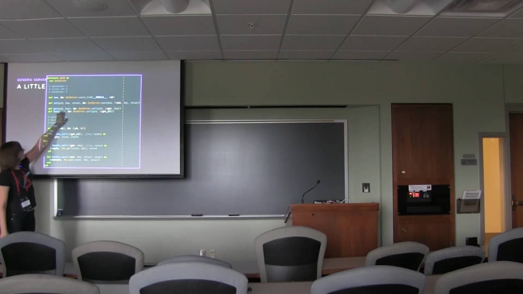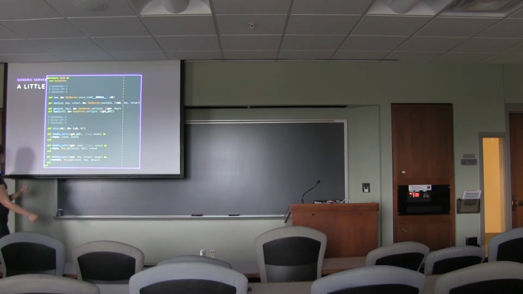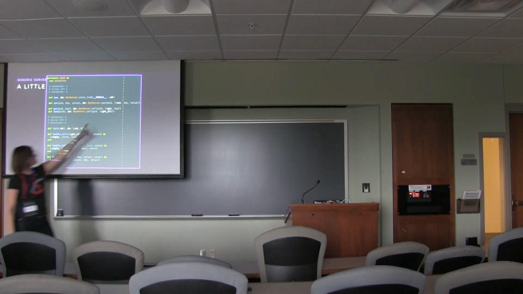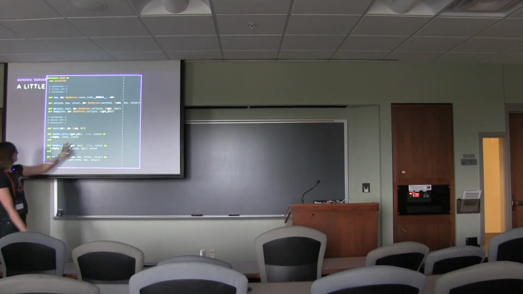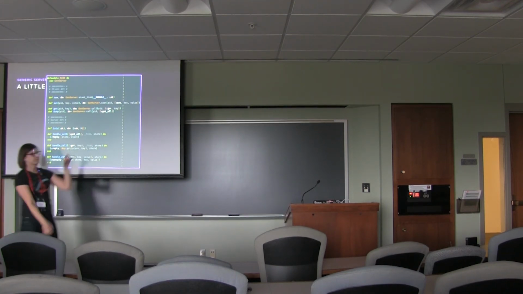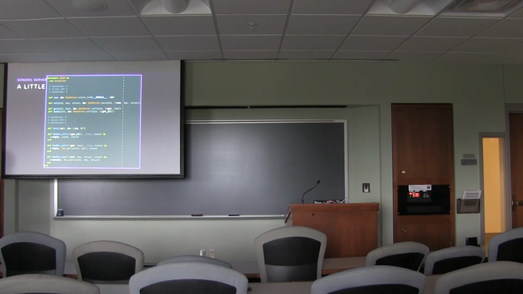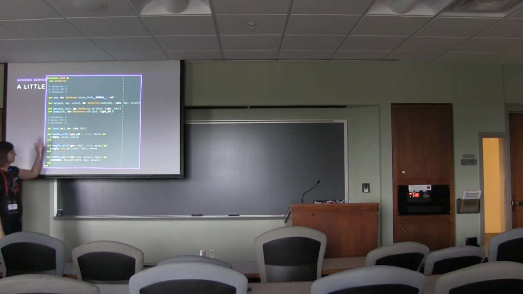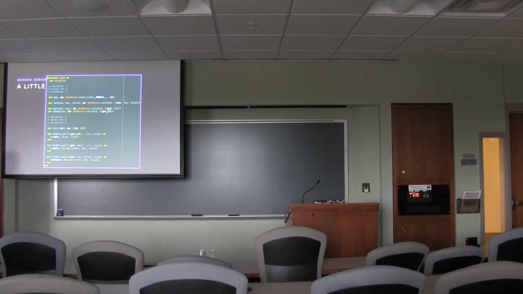Get pid and key, same thing, get key, and then get all. Now, I wrapped these all in tuples just for consistency. You don't have to. You can send it anything as a message. It's just convention if you want it.